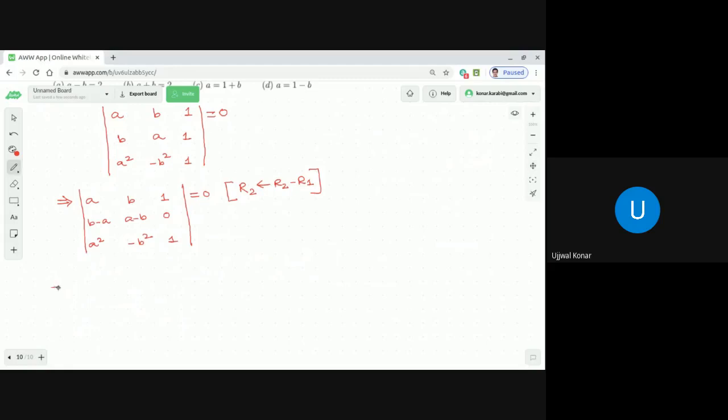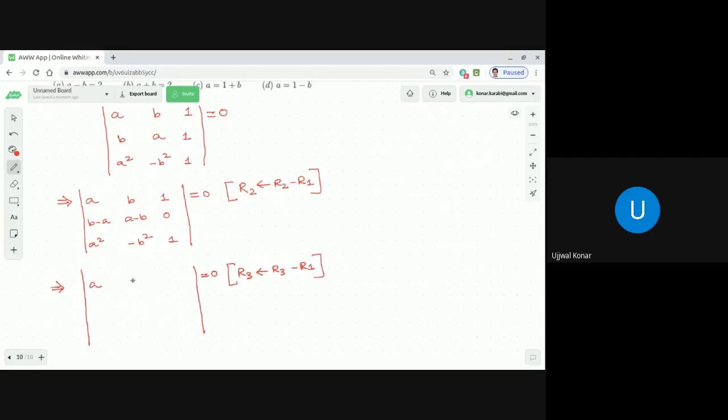Now we can perform another operation. And the next operation, dear students, let's write the hollow determinant first. We are going to write R3 is R3 minus R1. So my new R3 is the old R3 minus R1. So here R1 and R2 will remain the same.